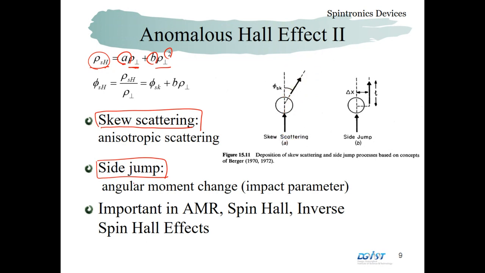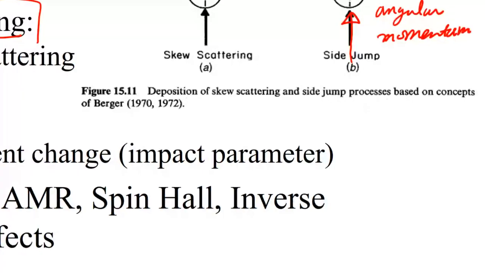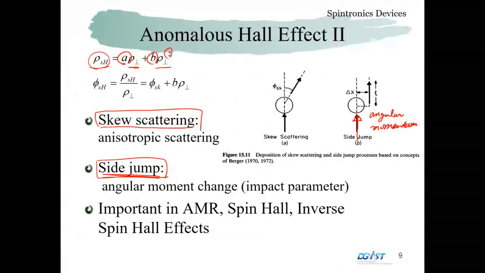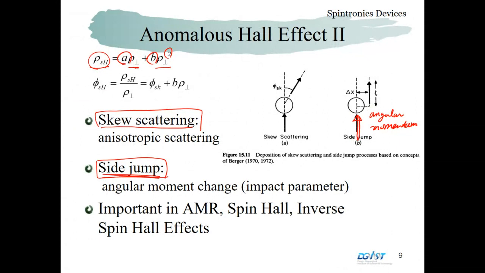And the other one is called side jump. This is purely quantum mechanical. For example, if we have a conduction electron in this direction, and if we have some kind of angular momentum exchange with the scattering center, then this conduction electron has a finite angular momentum.